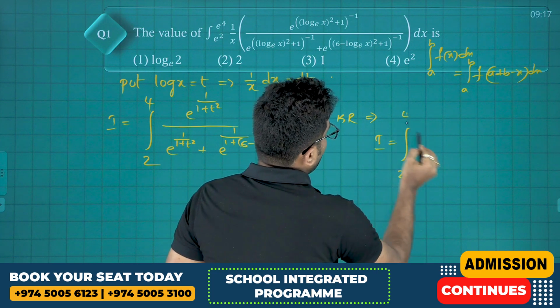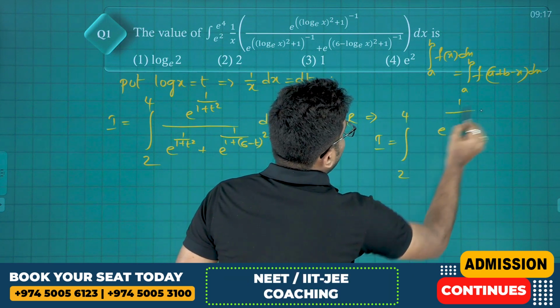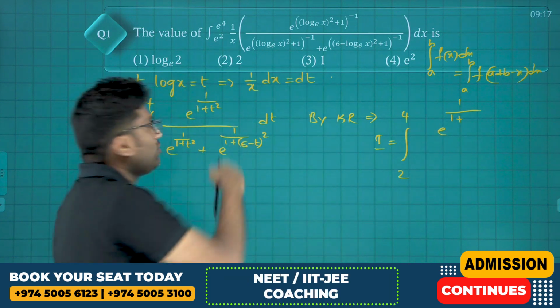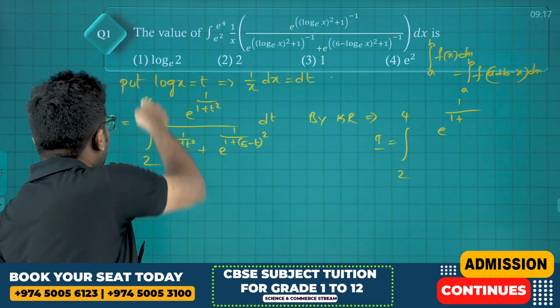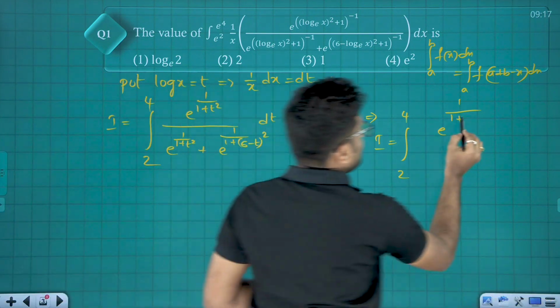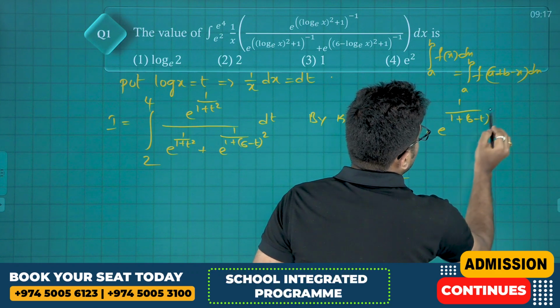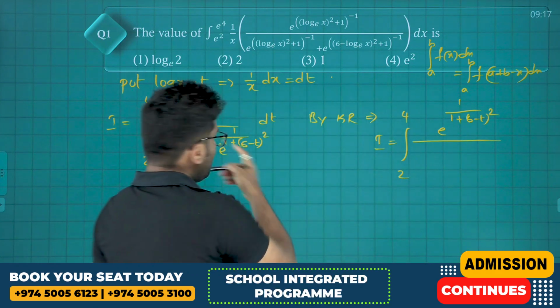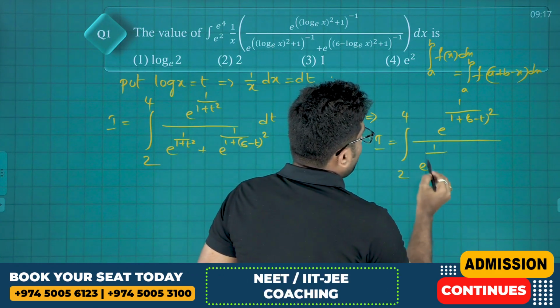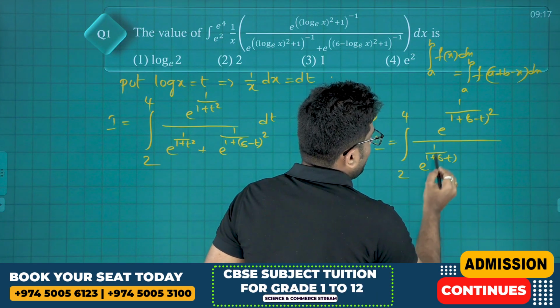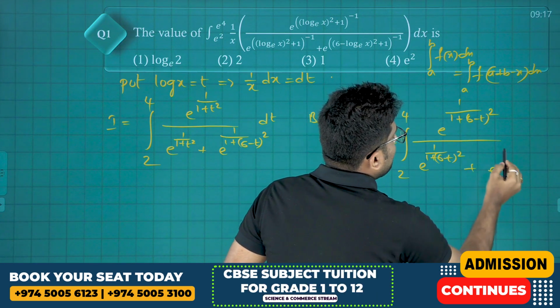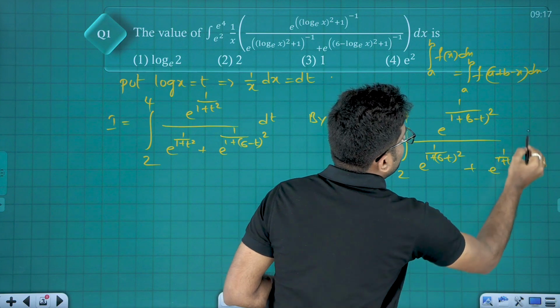Integral I equals integral 2 to 4 e power 1 by 1 plus, in place of t, what can we replace? 4 plus 2, 6 minus t, whole square. That is 1 plus (6 minus t) whole square, divided by e power 1 by 1 plus (6 minus t) whole square plus e power 1 by 1 plus t square.